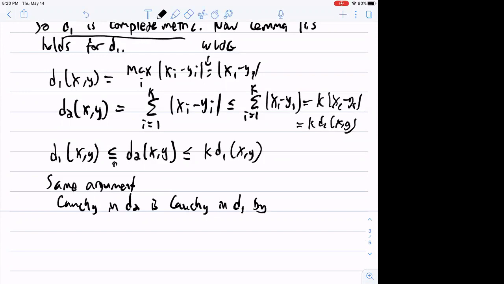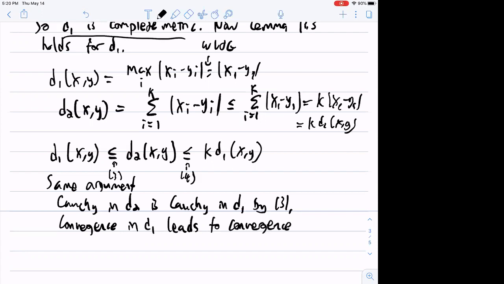I'll call this 3. This time it's swapped. It's Cauchy by 3. And then convergence in D1 leads to convergence in D2 by 4, because D1 is bigger. If D1 converges, then D2 converges.